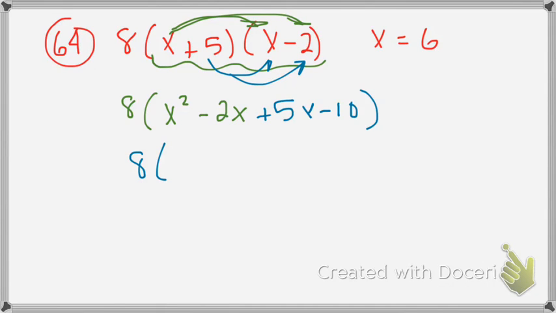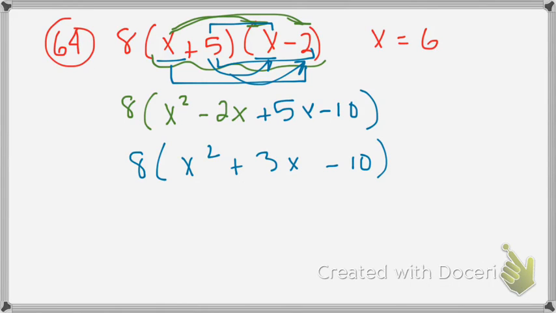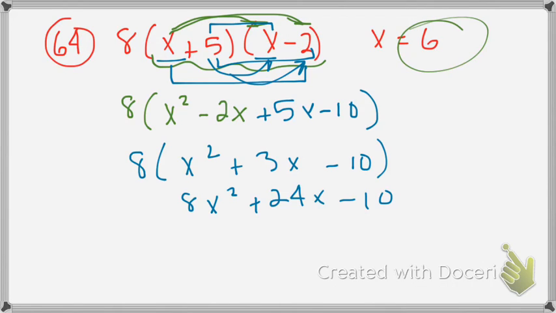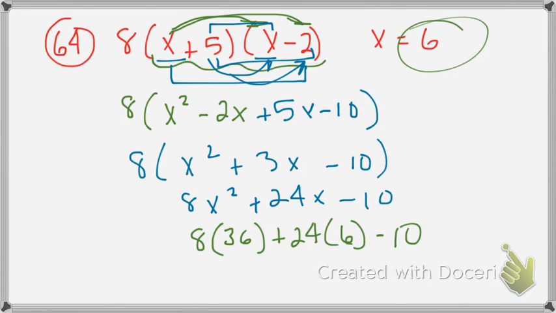If you remember FOIL, it's first times first, outside times outside, inside times inside, and last times last. I'm going to distribute my 8. So here I worked it all with the variables, and now I'll let x equal 6. So 8 times 6 squared plus 24 times 6 minus 10.